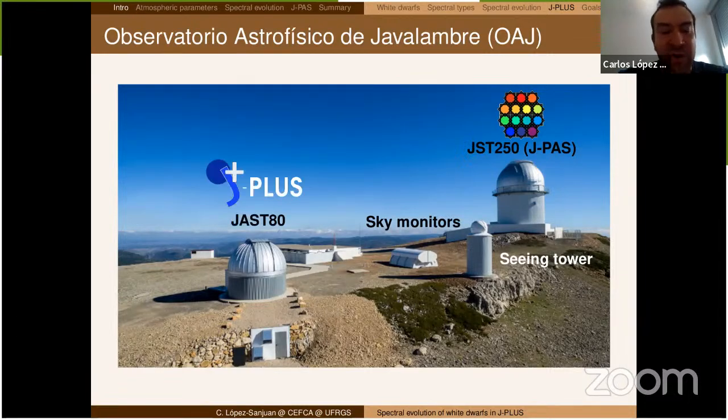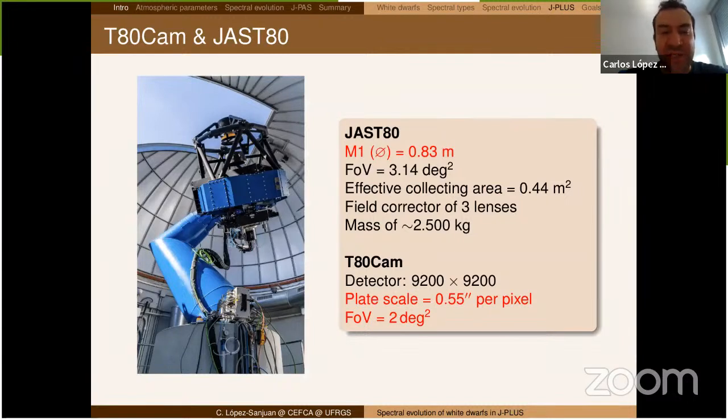And we have a small dome with an 80-centimeter telescope that is devoted to J-PLUS. If we go inside the dome, we see that the JAST80 is an 80-centimeter telescope with a large field of view and very good image quality across the whole field of view. It's mounted with T80Cam. It's a single detector, 9K by 9K, with a 0.55 arcseconds per pixel scale and a field of view of 2 square degrees.